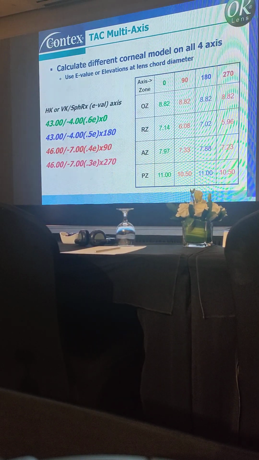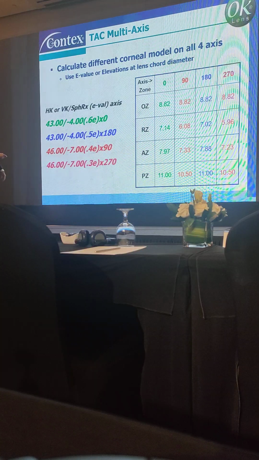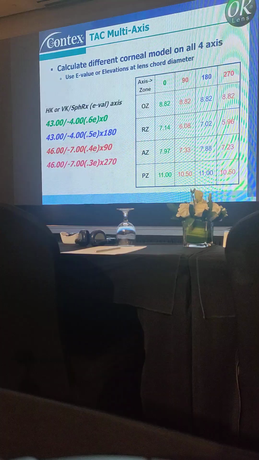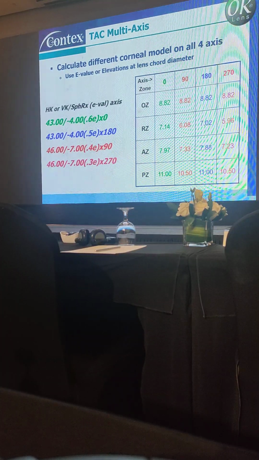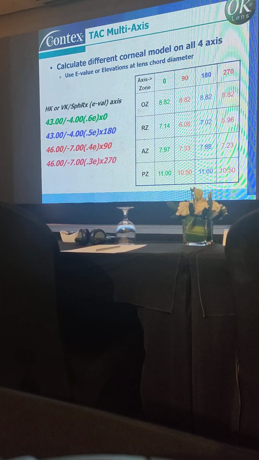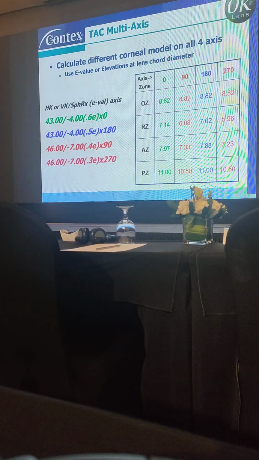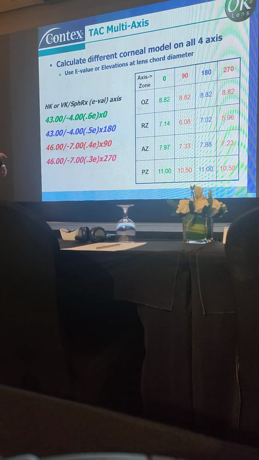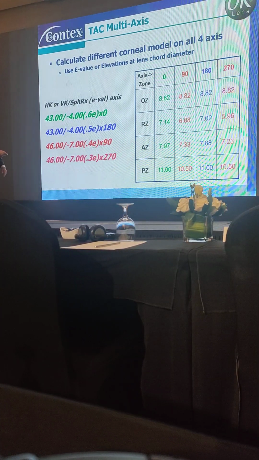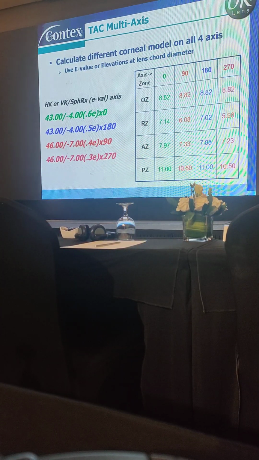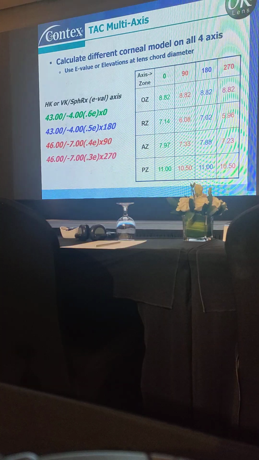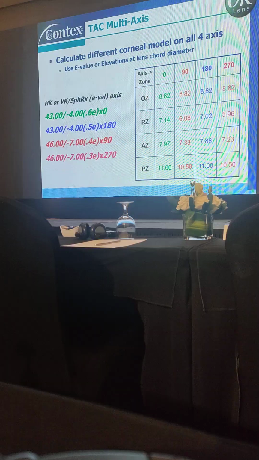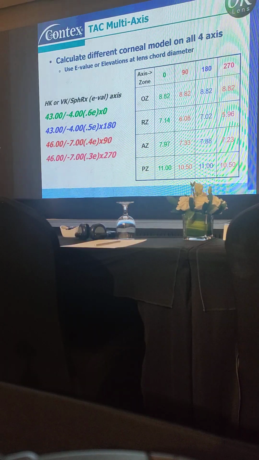But look at the reverse curve at axis 0 is 7.14, and at 180, 7.02, a little steeper, because we have that 0.6E, we need a flatter alignment curve here, right? And then we got a 0.5E at 180, it's about a half diopter steeper, right? And remember how we said that 0.1E equals 20 microns, which is about a half diopter. So that's the 0.5 to 0.6.